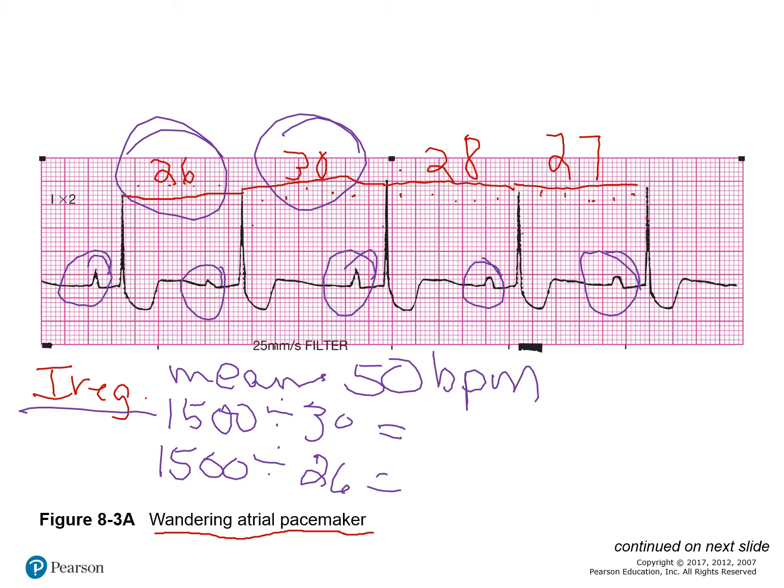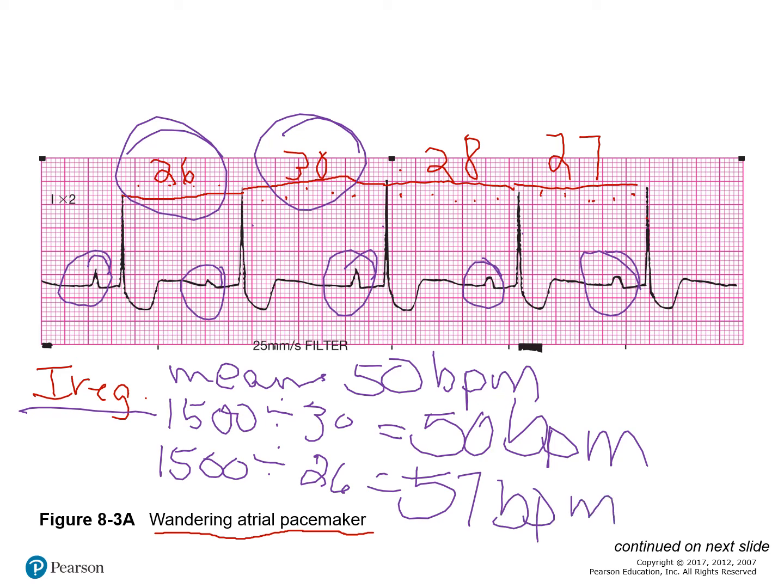Let's take 1500, divide that by 30. That gives us 50 beats per minute. And then if we do 1500 divided by 26, that gives us 57, because remember, we don't round up.